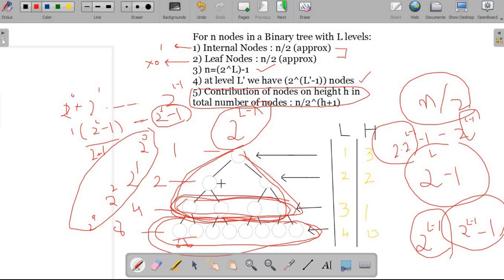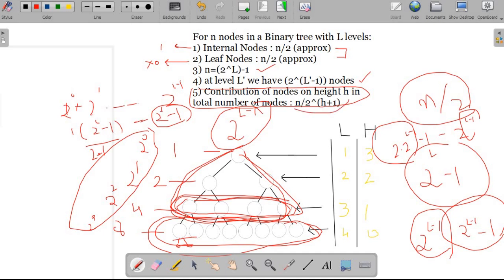I'll repeat it again. The number of nodes in a particular level is half the number of nodes in the next level, and this is only when I'm talking about a complete binary tree. So over here I have only one node, over here I'll have maximum 2 nodes, over here maximum 4 and over here maximum 8 nodes.